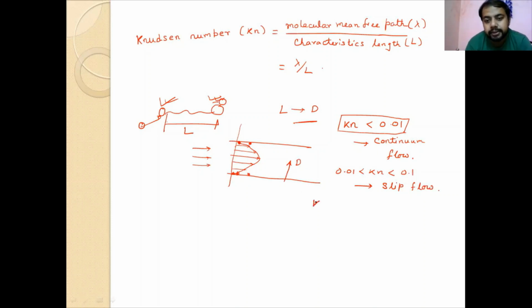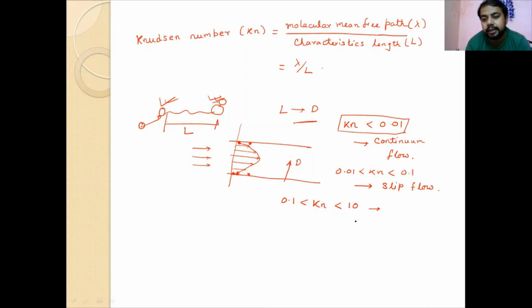If the Knudsen number is between 0.1 and 10, the transition is taking place. The continuum flow is becoming transitional, having already started slipping.